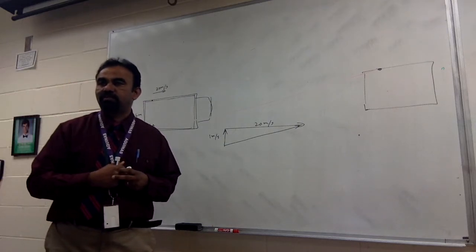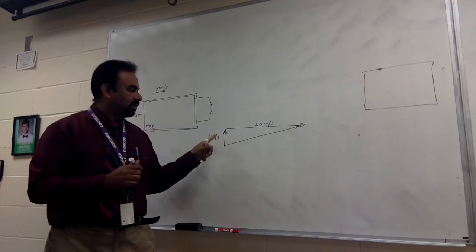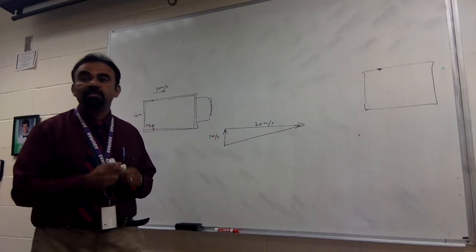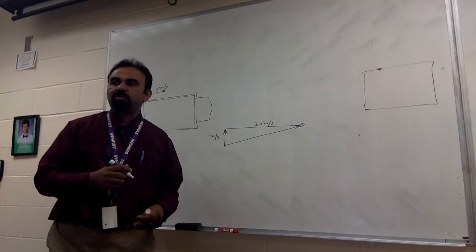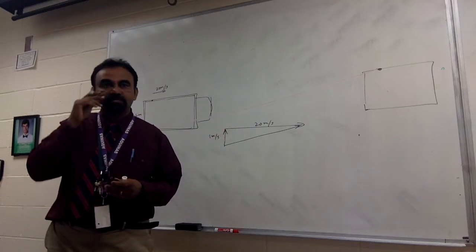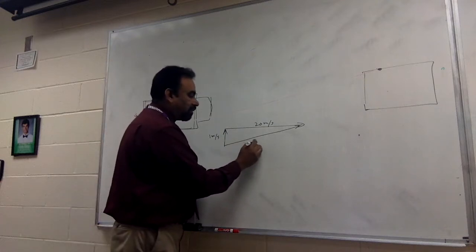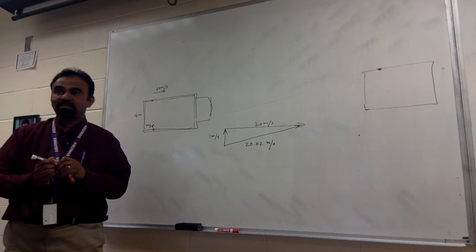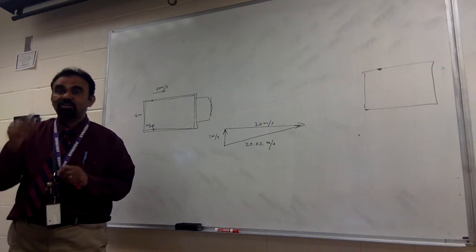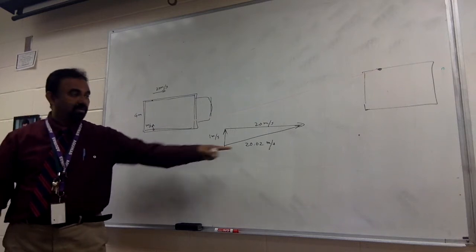I don't have to remind you. 1 squared plus 20 squared, square root. 20.02 meters per second. Are you faster than the truck? So actually you're traveling faster than the truck.